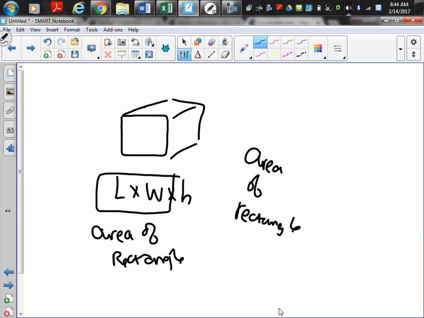Absolutely nothing different. So you find the area of the shape that's on the bottom, what we call the base, and then you multiply it by the height. Height tells you how many times that spot would stay there.